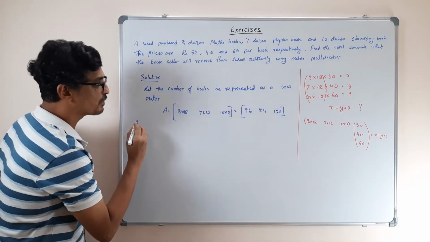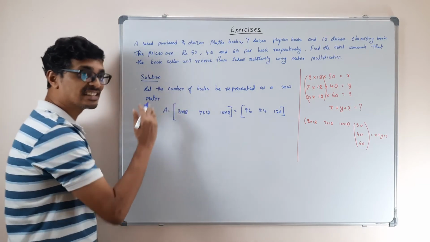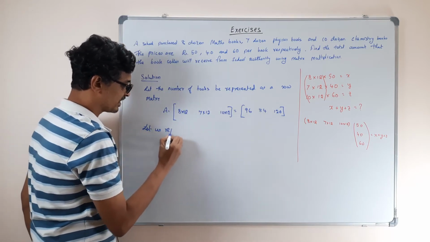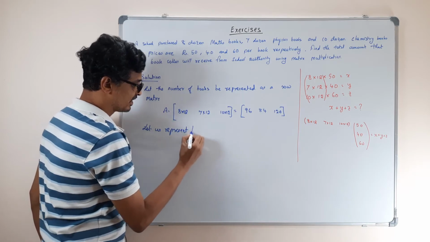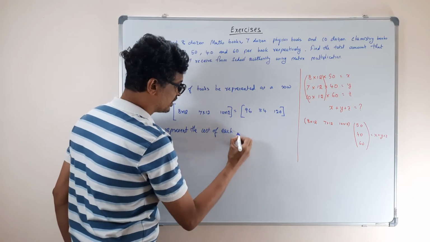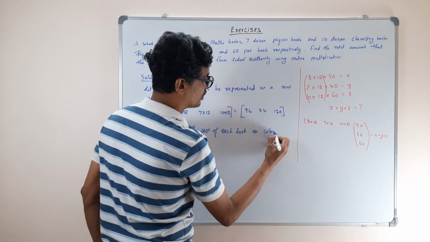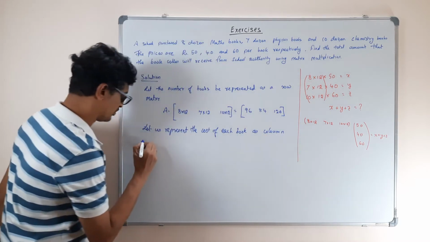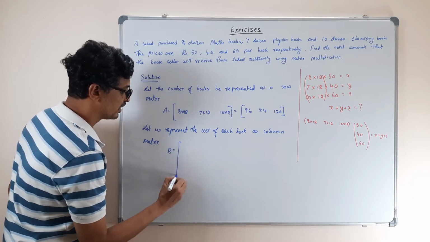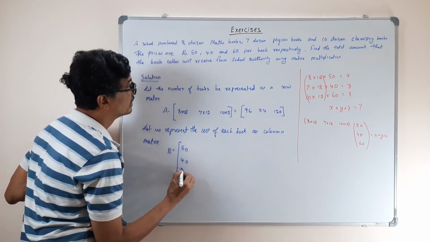Now let us represent the cost of each book as a column matrix, correct? That's what B is equal to, tell me, 50, 40, 60.